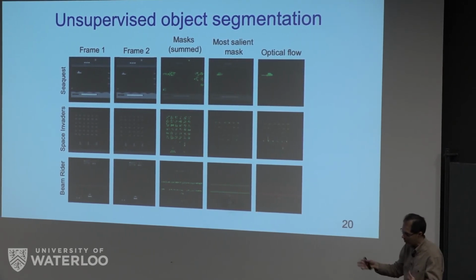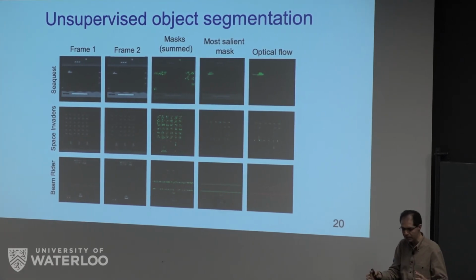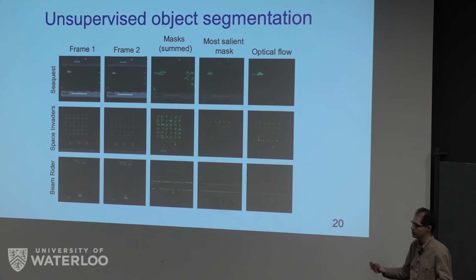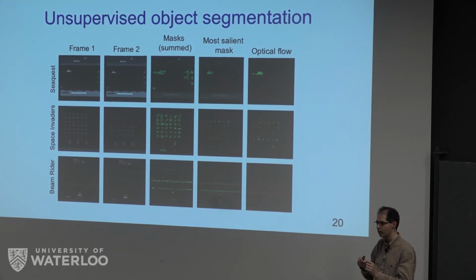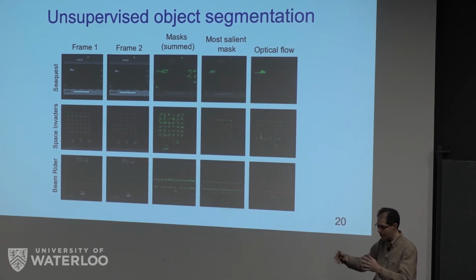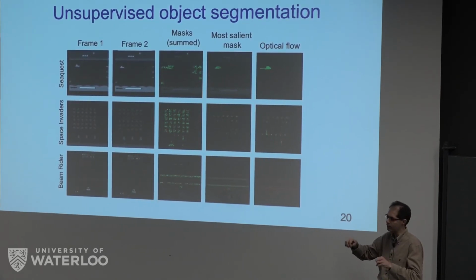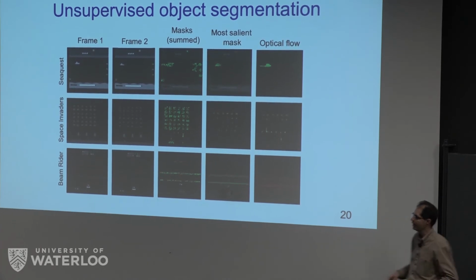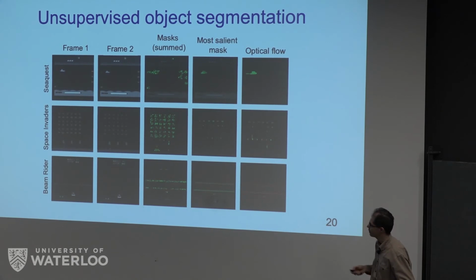But because they all have the same motion, it tends to essentially group them together as one object. And here we did not impose any constraint that would force the objects to be contiguous, so the objects could correspond to different patches of pixels in different parts of the image. And that's exactly what happened here.